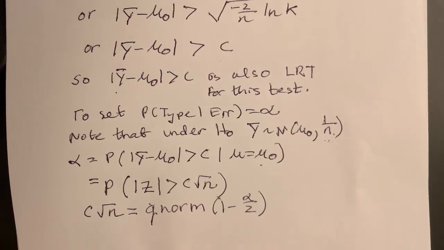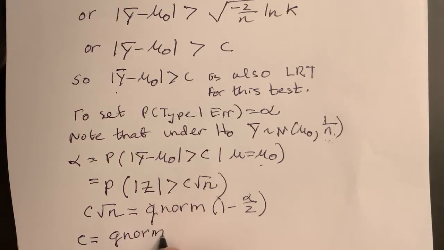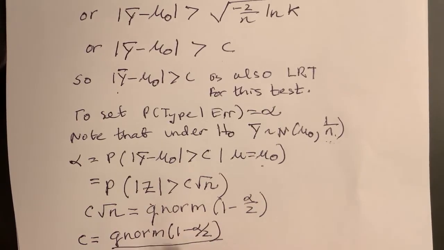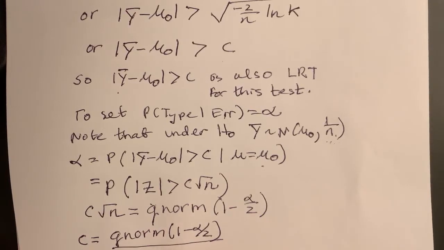Which gives c equal to qnorm of 1 minus alpha over 2 divided by the square root of n. Did I make any mistakes? Does that look okay? Yeah, it looks okay.